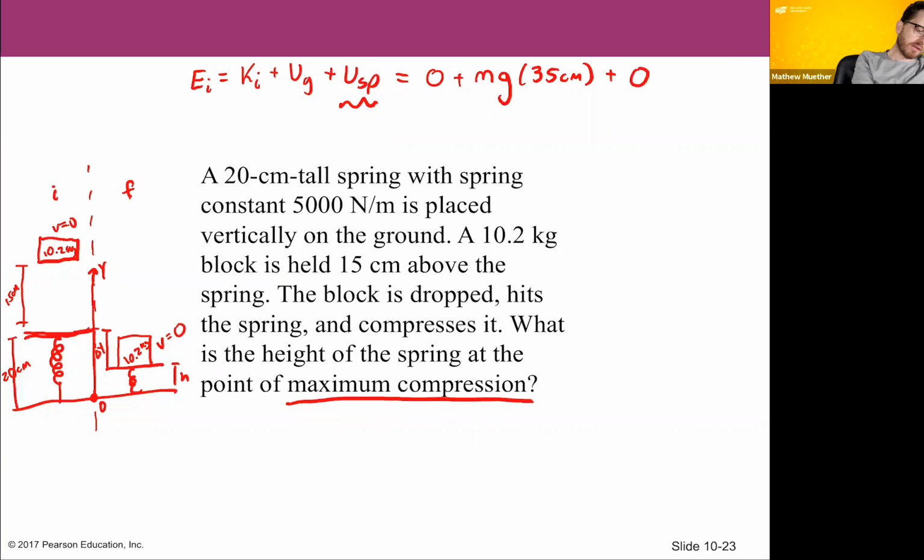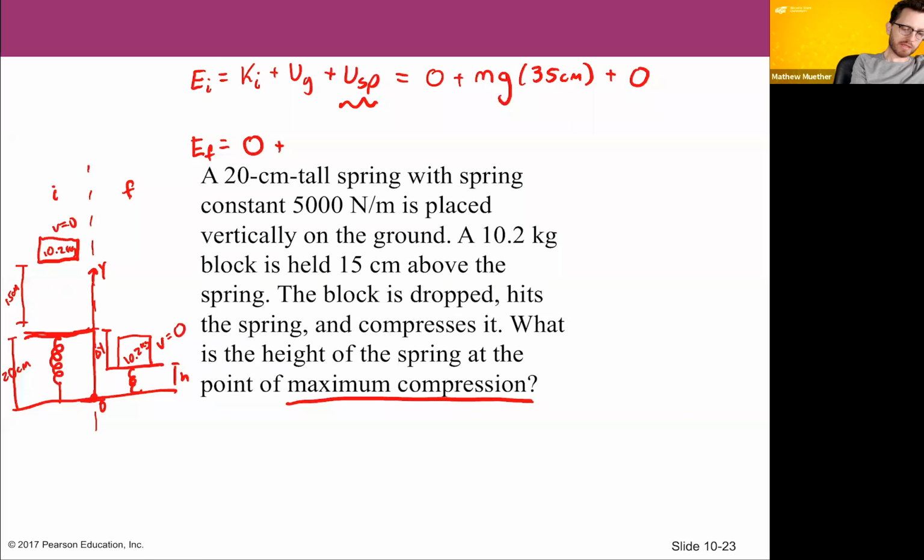Now, what's the final energy of my system here? I still have 0 kinetic energy because the block is at rest in the end. How much potential energy do I have?